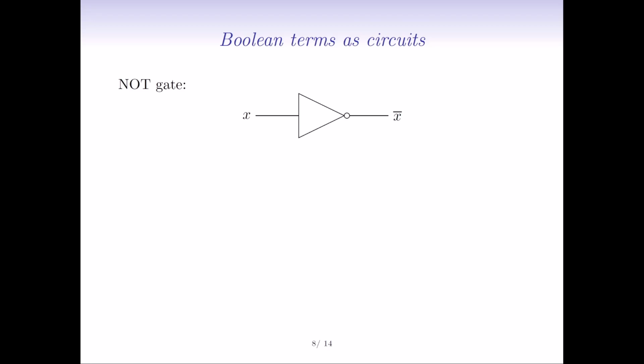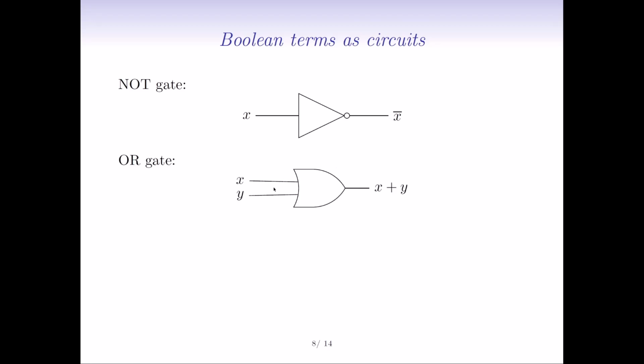So here's a NOT gate, and please excuse my fairly rudimentary LaTeX drawing skills here. A NOT gate takes in a single input, x, and returns as output not x, so it negates the input. So if it takes in a 0, it returns 1, and vice versa.